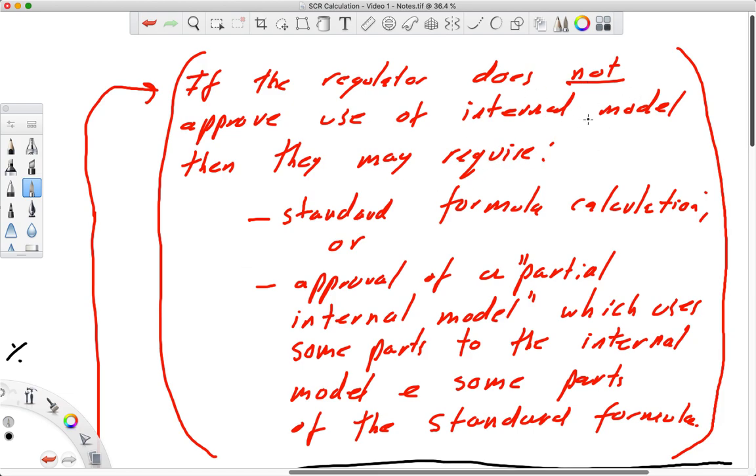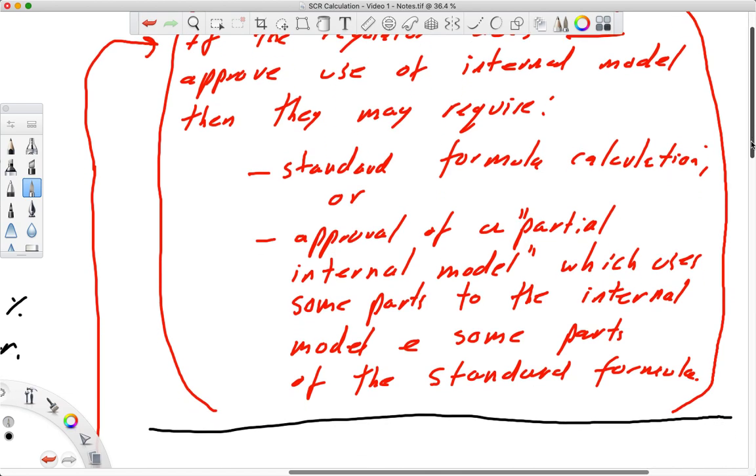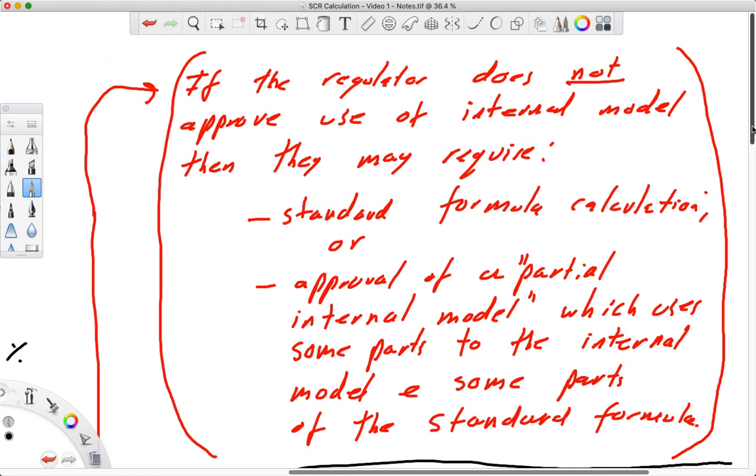If you are not allowed to use your internal model, then they might make you use the whole standard formula instead, or they might say you can use your internal model for some parts and then the standard formula for other parts and then put them together in some way. So as I say, this partial internal model result cannot be chosen, but it can be applied to you or forced on you, depending on how that conversation goes with the regulator.